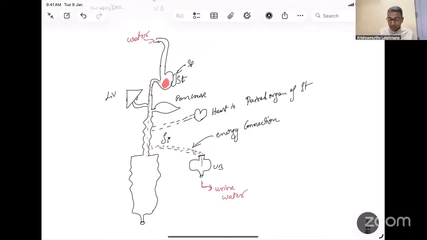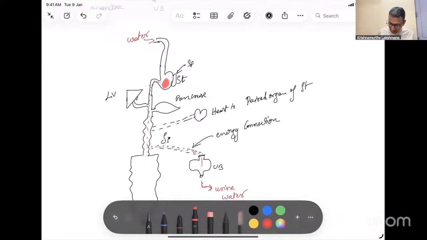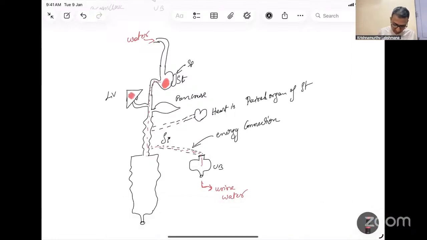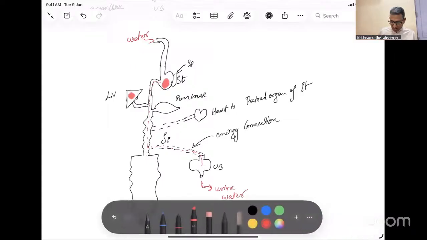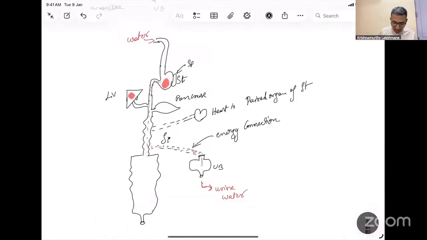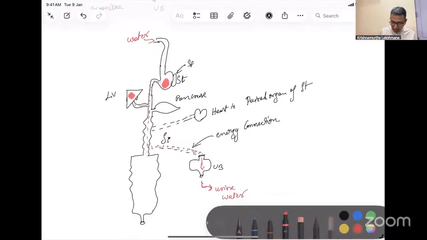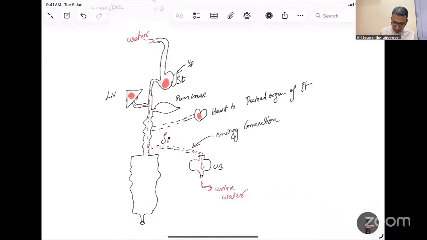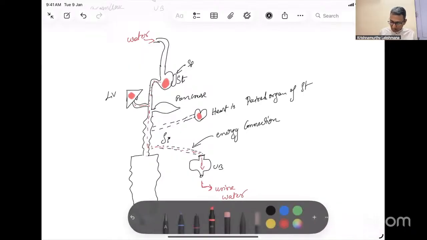And similarly, if there is heat in the liver, and if the liver is sending the bile, can that heat also come to the UB? Yes. And if there is excess heat in the heart, can that also come through SI?